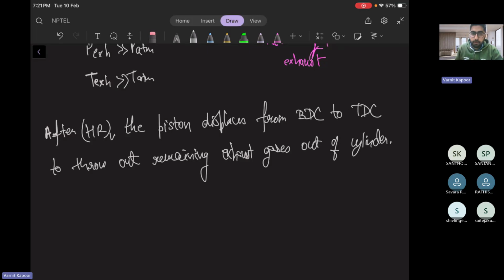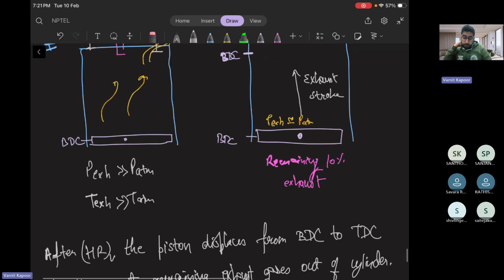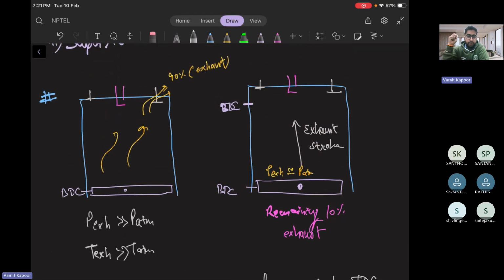Now there is a catch, a very important catch. When the piston is moving from BDC to TDC, why have I written BDC again? It should be TDC. Now when the piston is moving from BDC to TDC, what happens at very near to the exhaust valve? It's not that we close the exhaust valve when it has exactly reached top dead center.